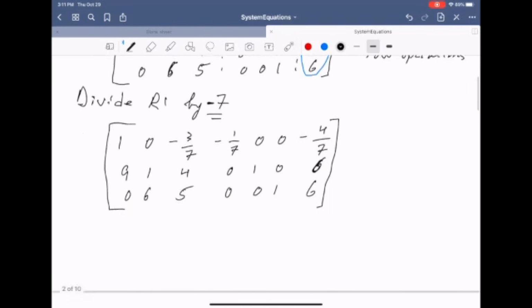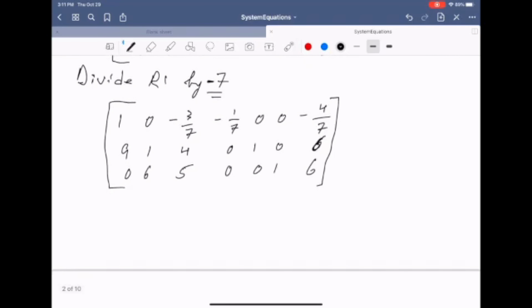Now the second and third steps are to get rid of these two. We want to make those zeros. And how do we do that? The way we do that is through these elementary row operations.